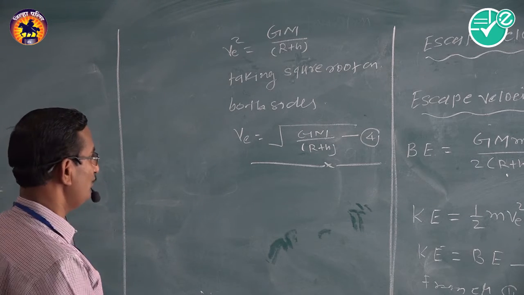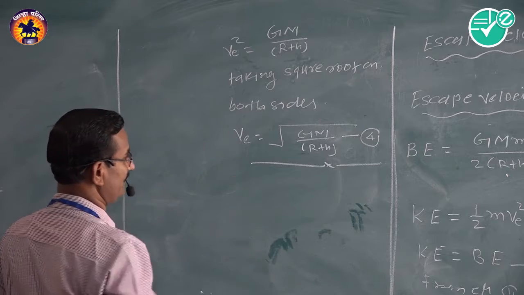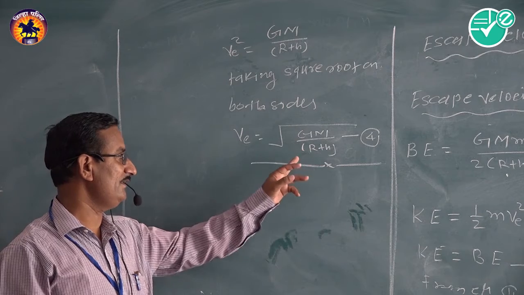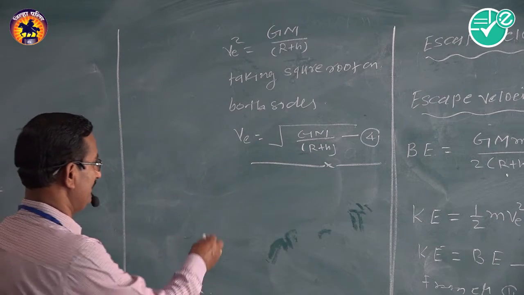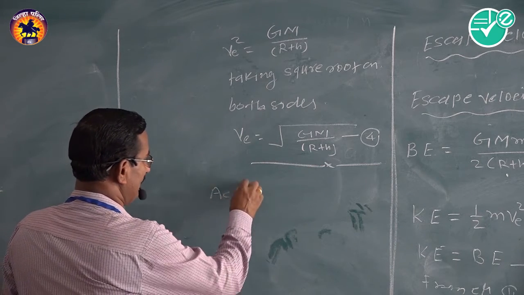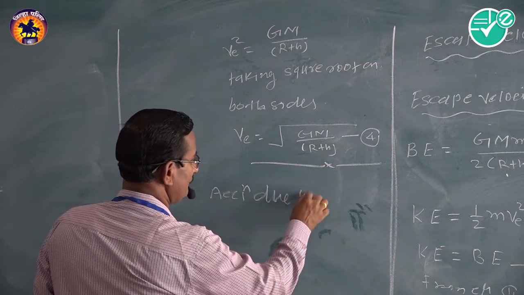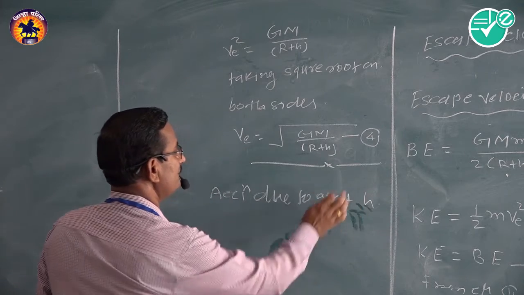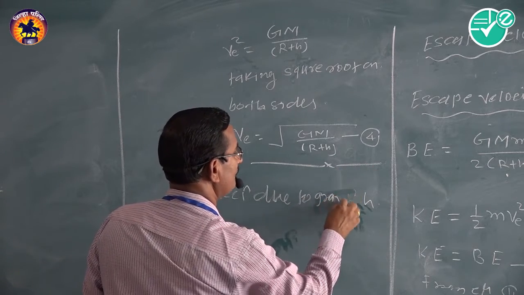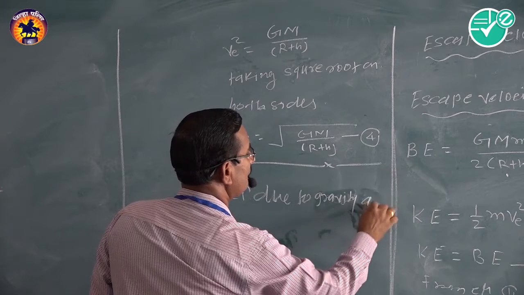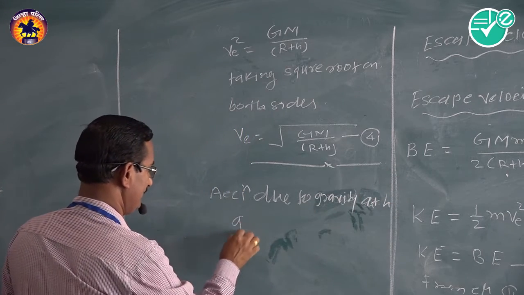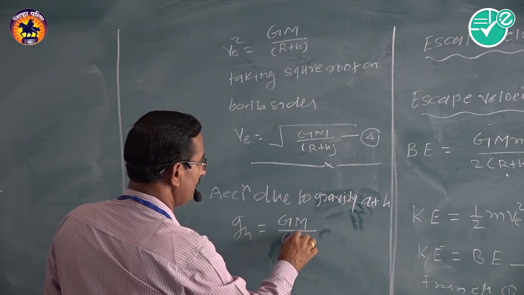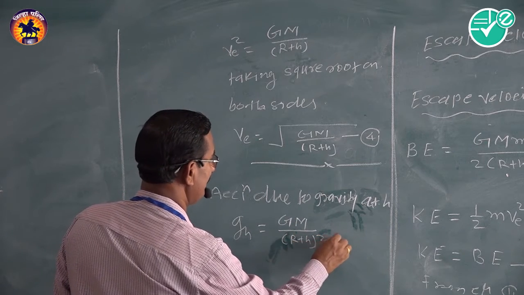escape velocity. We know that the equation for escape velocity at height h, v is equal to under root G M upon (R plus h). But acceleration due to gravity at h, that is g_h is equal to G M upon (R plus h) in brackets squared.